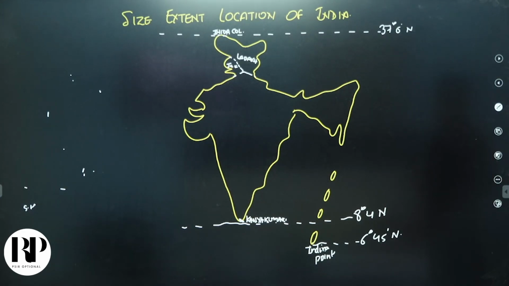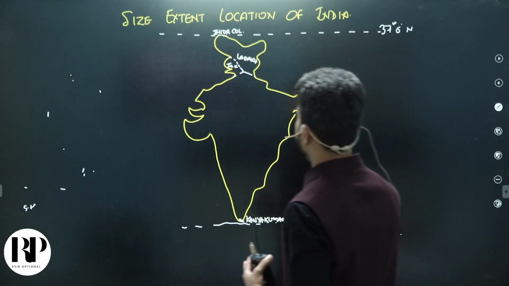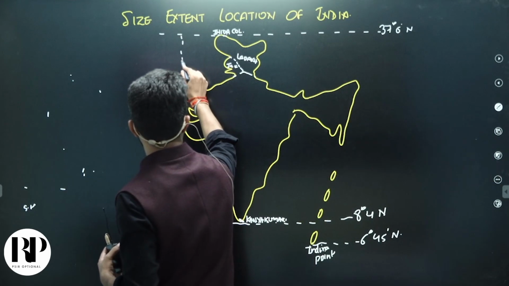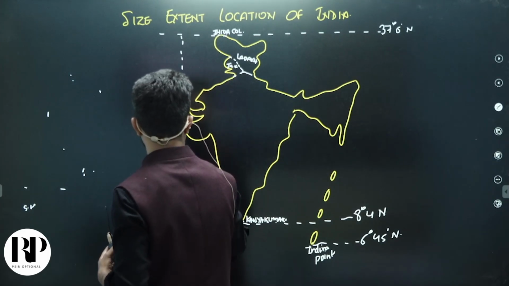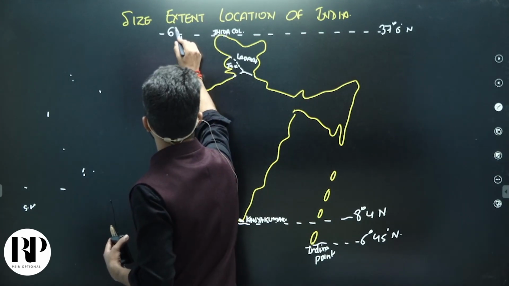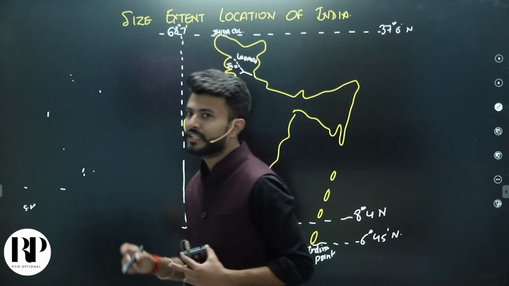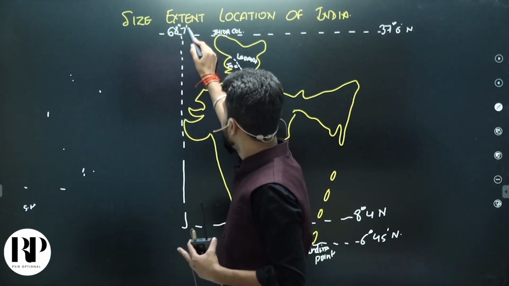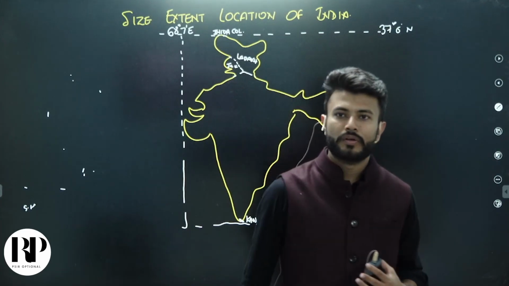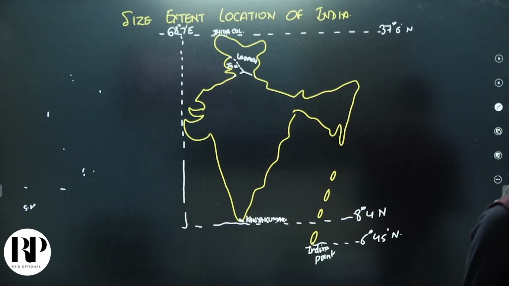Now if we have to talk about the longitudinal extent of India, so it is basically 68 degree 7 east longitude. Right?